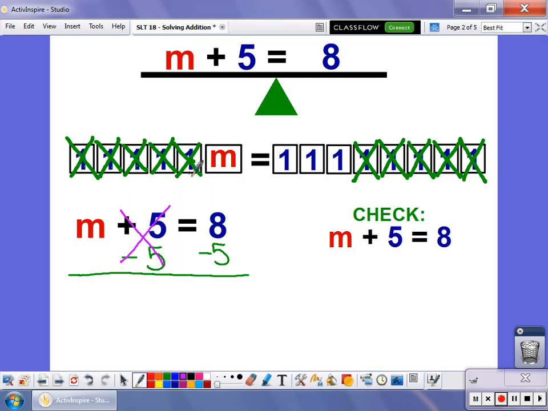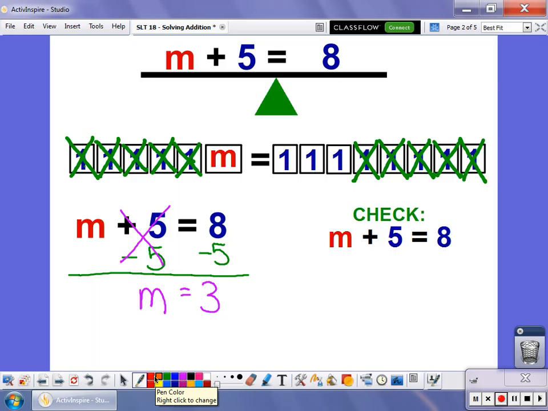They become 0. All 5 of these pieces are now gone. And the only thing left on this side of my equation is the M, right here. Now on the other side, I had 8, and I took away 5. 1, 2, 3, 4, 5. All I'm left with is 3. So I can see that in this case, M would equal 3.